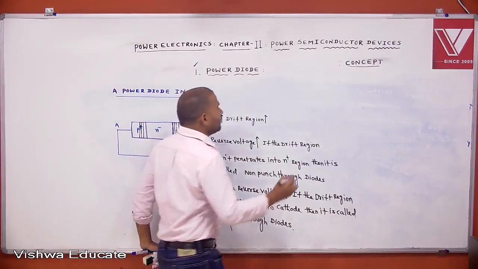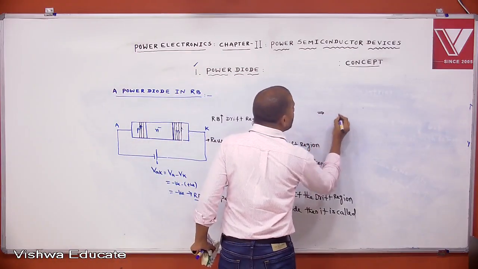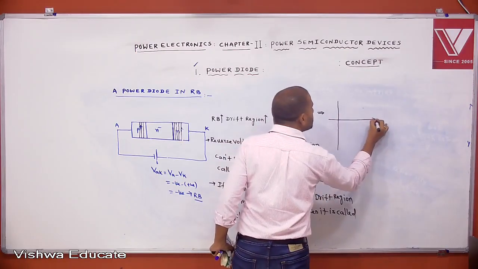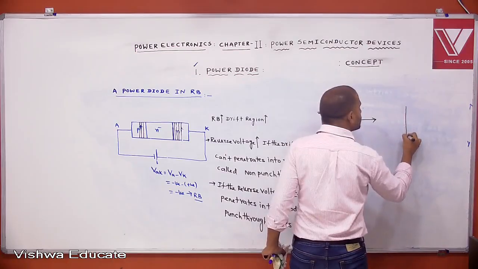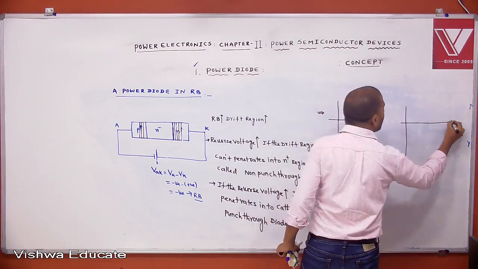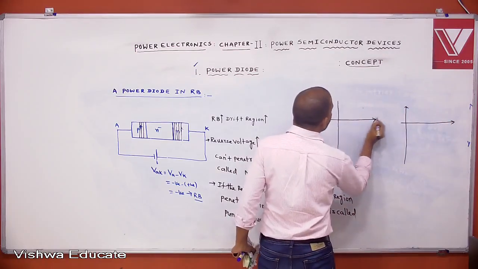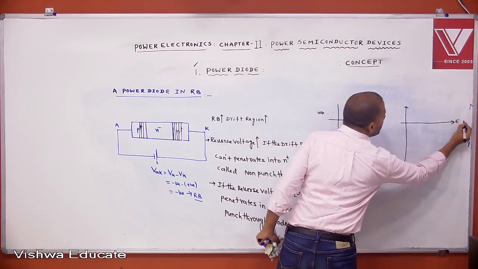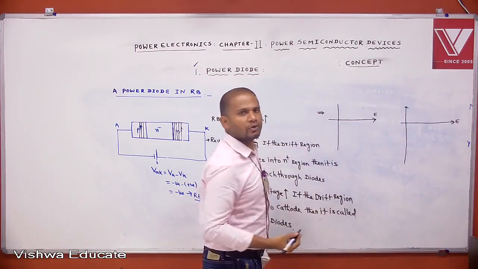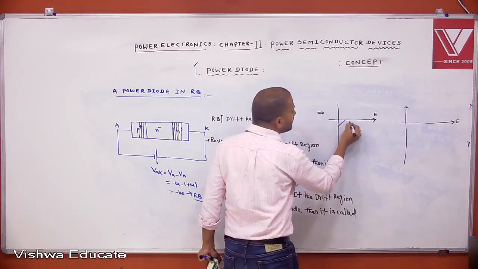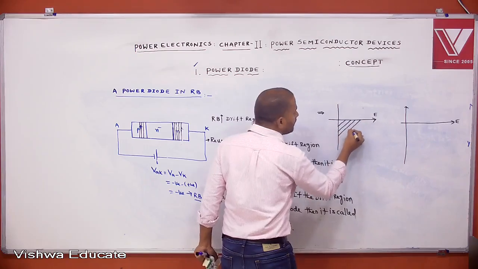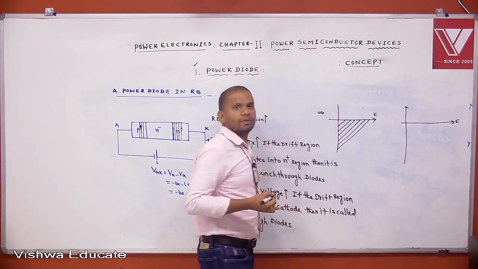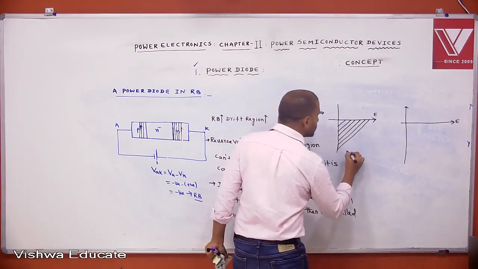If you see what the electric field strength variation is in non-punch through diodes and punch through diodes, then we can get the characteristics like this. This is the electric field strength variation in the case of non-punch through diodes.